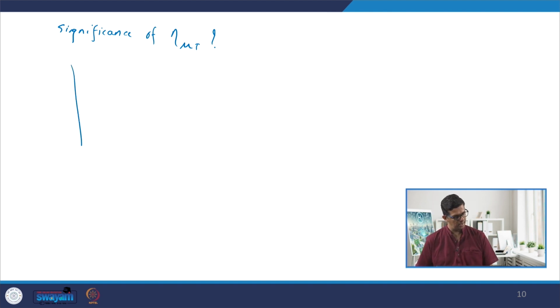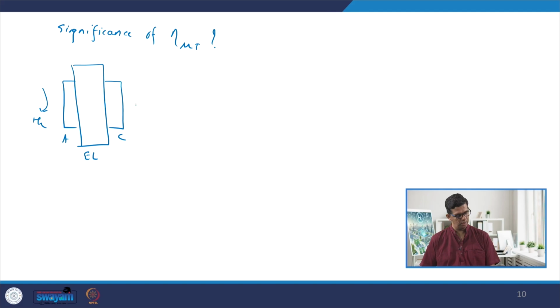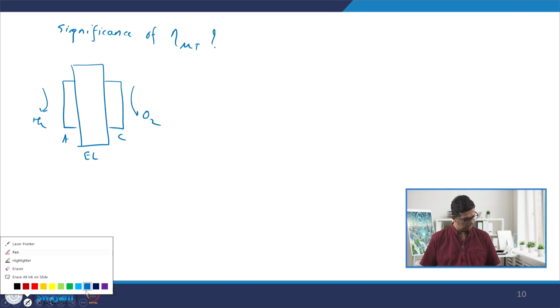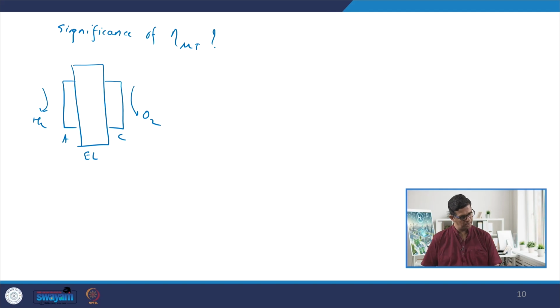So, let us understand this. This is anode and cathode. Let us take fuel cell as an example, and we supply hydrogen and oxygen. So, we know very well that reaction takes place at the triple phase boundary or at the catalyst layer, which is exactly at the interface of anode and electrolyte as well as the cathode and the electrolyte.